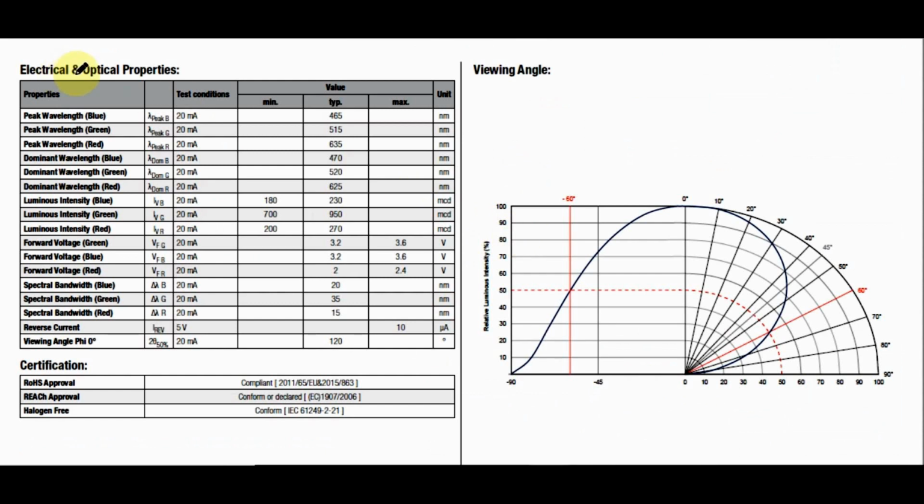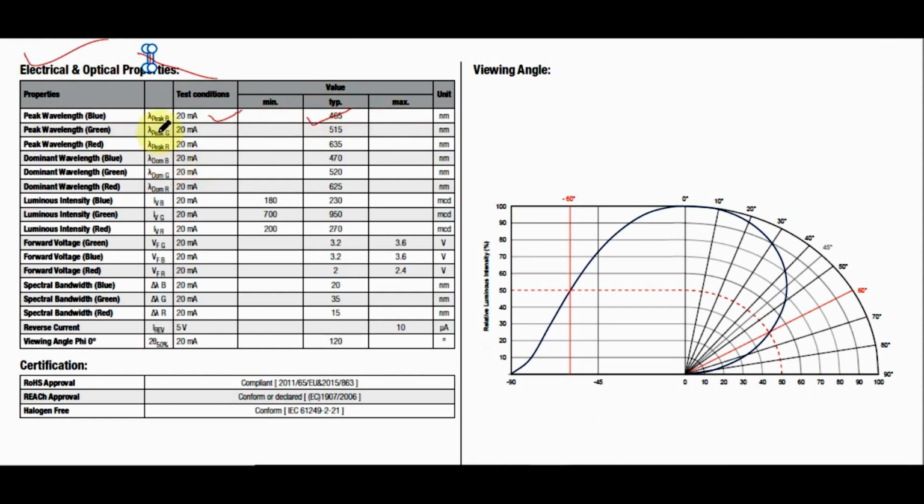This is the electrical and optical property they have given. I'm not much of an expert in optical property, so I will explain the electrical property. But let's have a look. Peak wavelength for blue LED: if you drive your LED at 20 milliampere, you will have 465 nanometer peak wavelength.